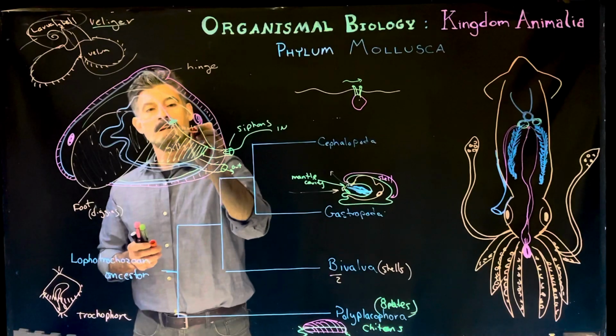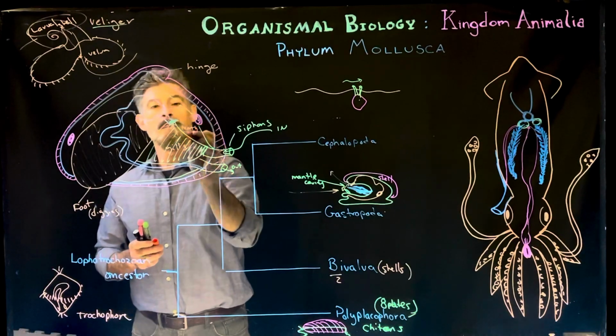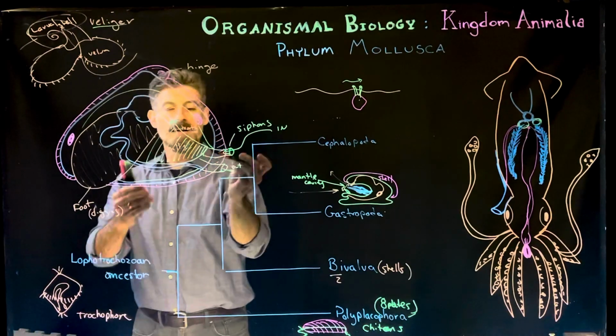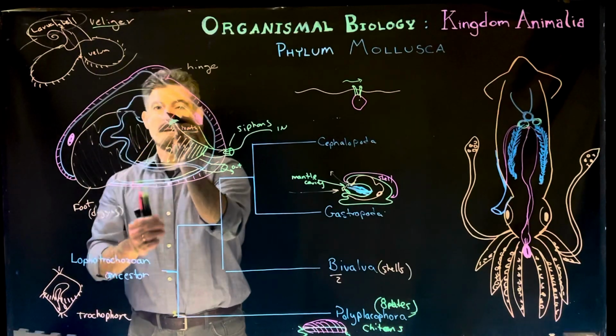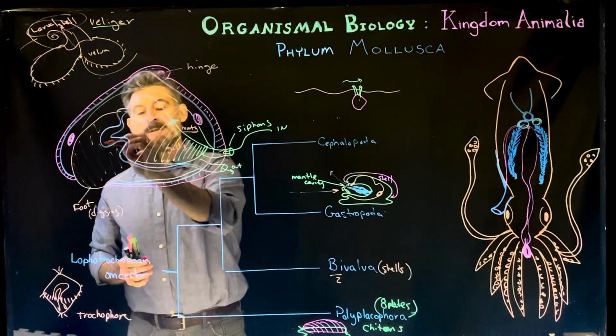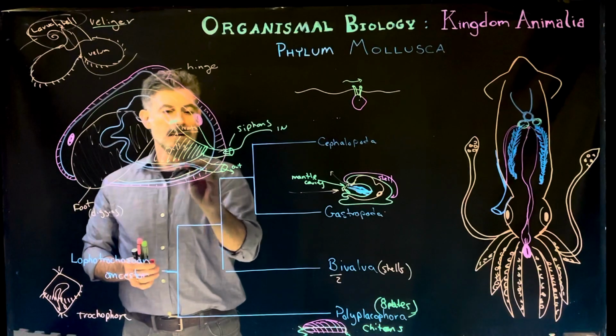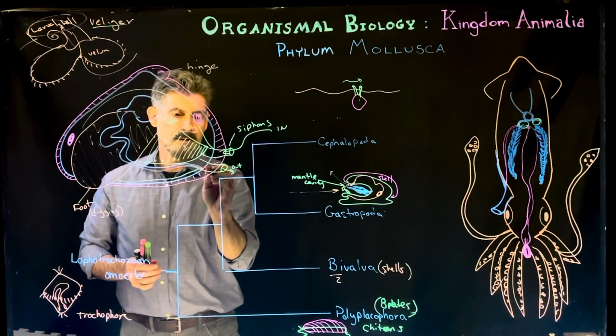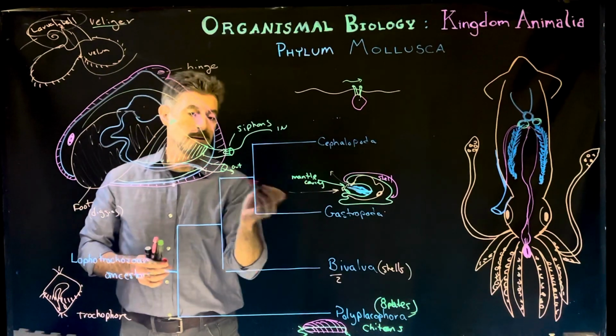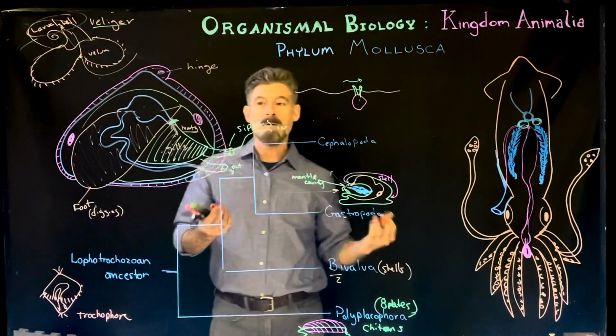Won't be able to read that necessarily. It's kind of small, but the mouth would be here, associated with the gills, and then leading into a stomach, which would lead into their digestive system, and then the anus at the end of the intestines, leading to the out-current siphon, so that the waste can move out of the animal.